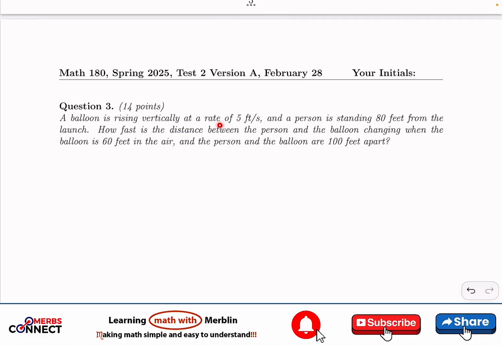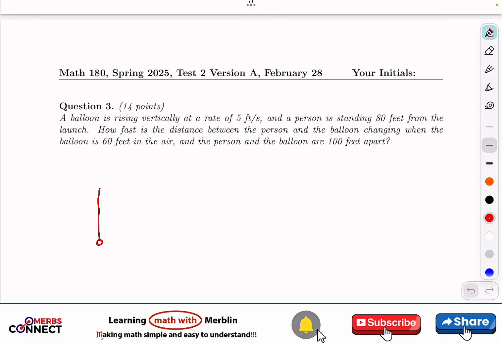A balloon is rising vertically at the rate of this, right? And the person is standing 80 feet from the launch. So let's assume that the balloon was somewhere here and it was going up. So it just moved up, this way.